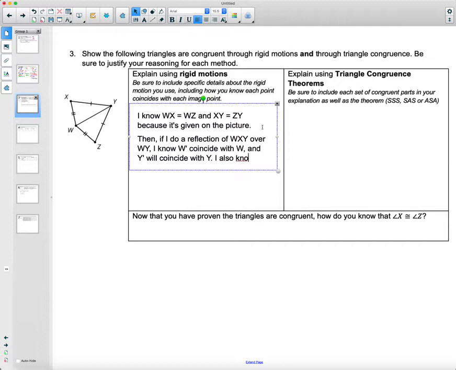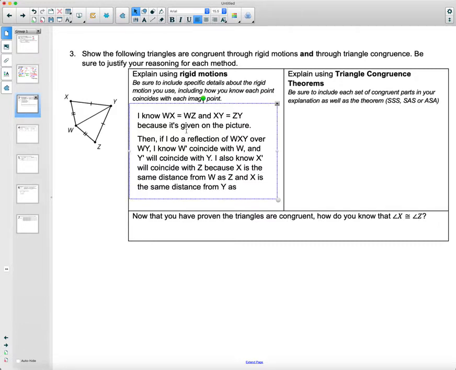I also know X prime will coincide with Z, and you have to explain this since that one actually flips over. You would say because X is the same distance from W as Z, and X is the same distance from Y as Z. So just saying that X is the same distance from W as Z is and from Y as Z is, they will land on top of each other.